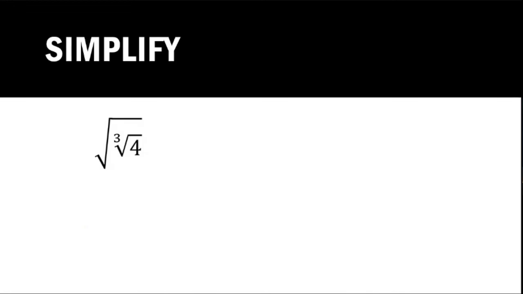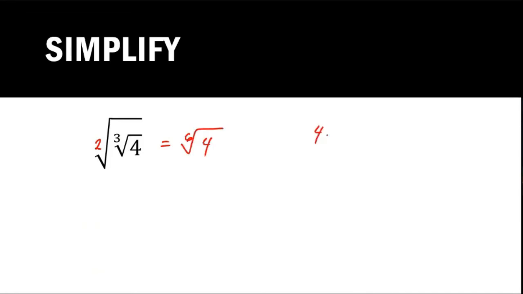How about if you have this kind of radical? The square root of the cube root of 2. Based on the laws of exponent, we can just multiply the indices. If the index is not indicated, it means the index is 2. So 2 times 3 is 6. That is the sixth root of 4.